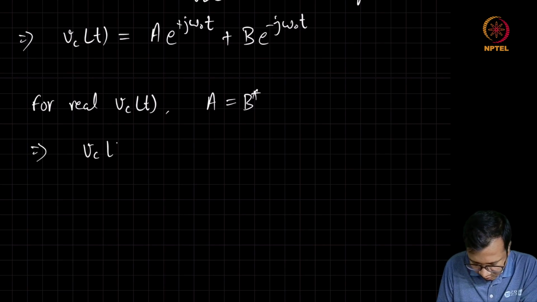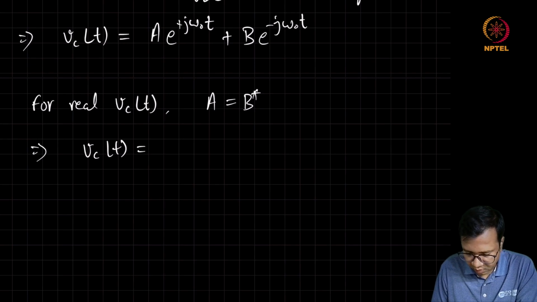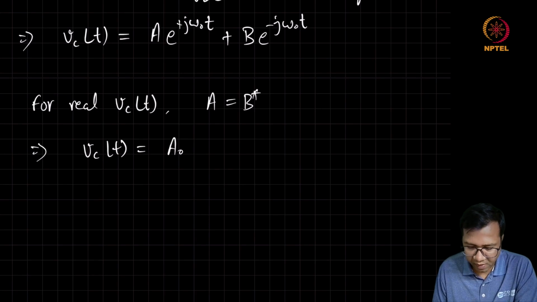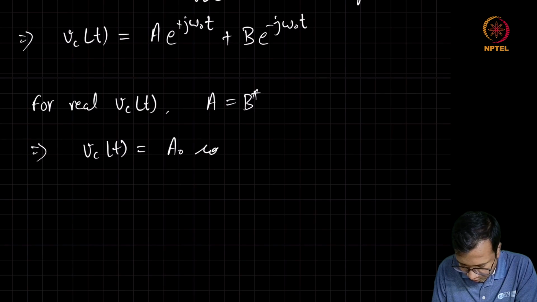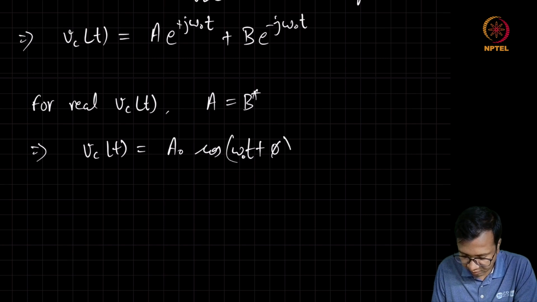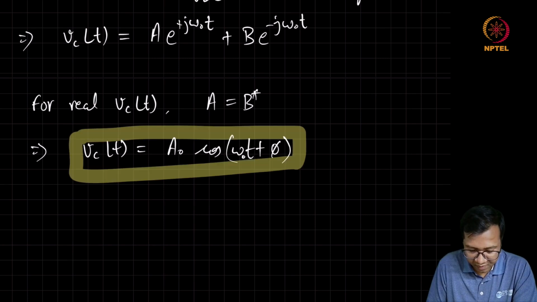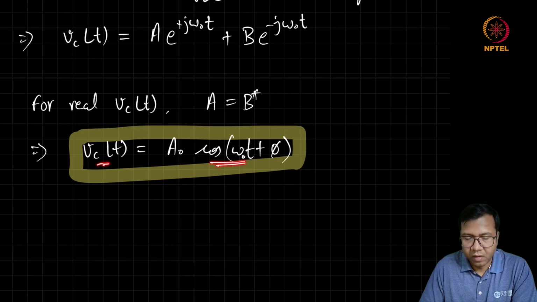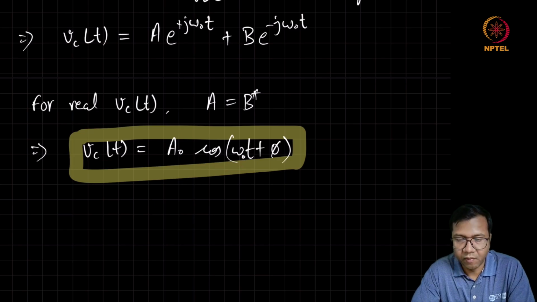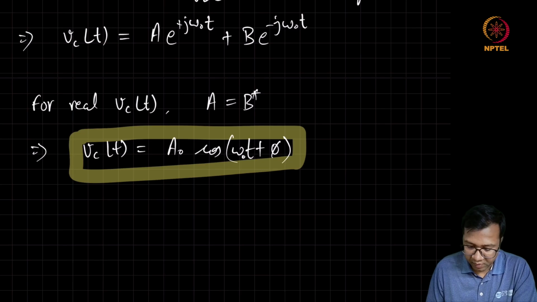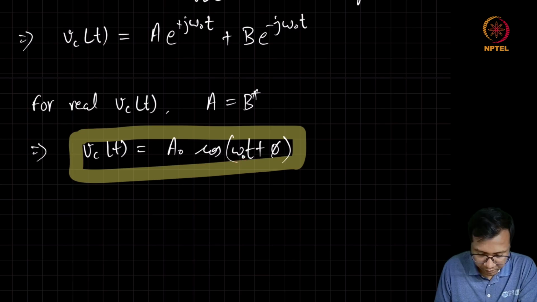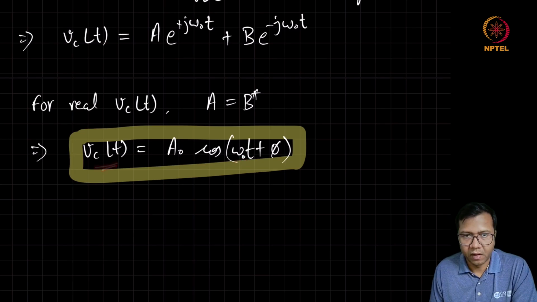So VC of t, if we expand, is going to be of this form: A naught cos of omega naught t plus some phase phi. So now we can see that this voltage is going to be a cosine function. This cosine function is going to repeat forever with an angular frequency of omega naught. And similarly, we can find the expression for IL of t.